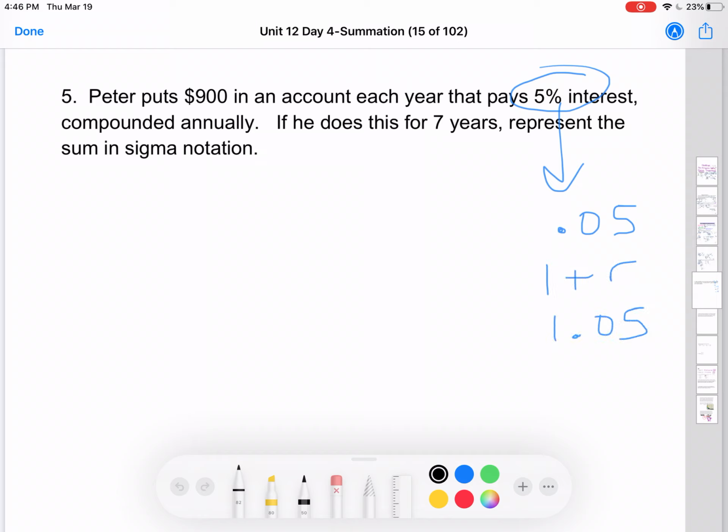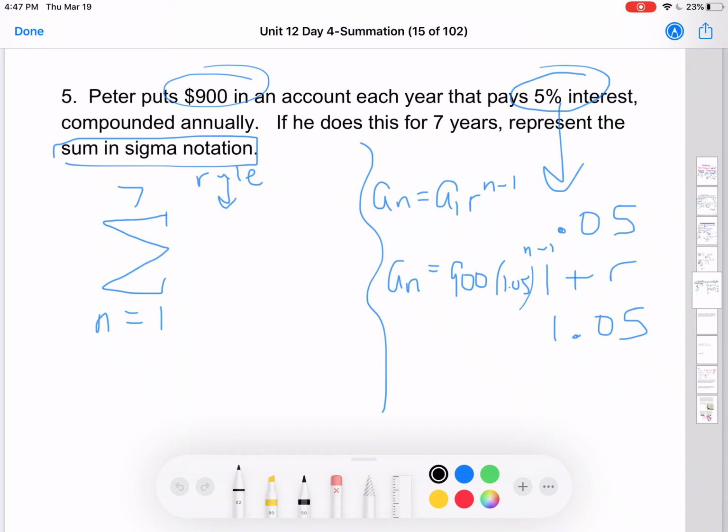This is geometric. So the explicit formula for geometric from day 2, a sub n equals a sub 1 times r to the n minus 1. So if the first term is going to be the $900 times the common ratio of 1.05 raised to the n minus 1.